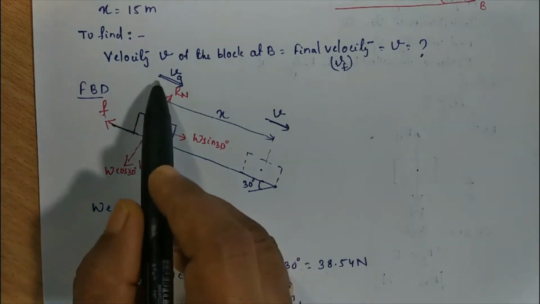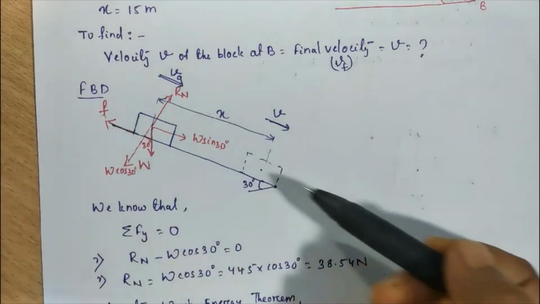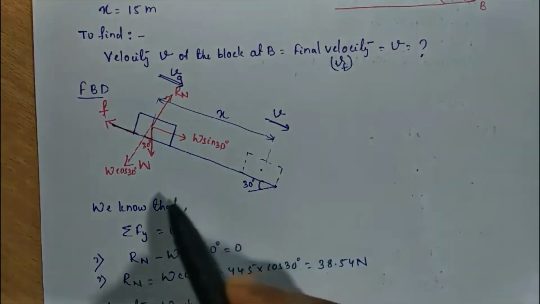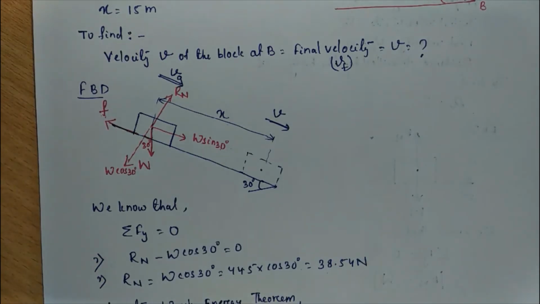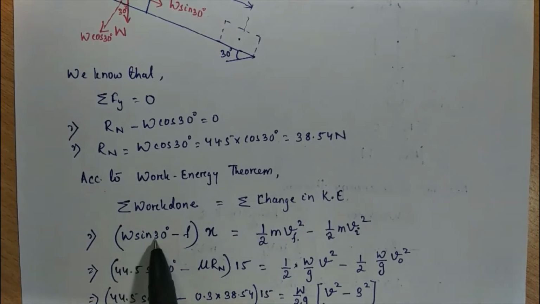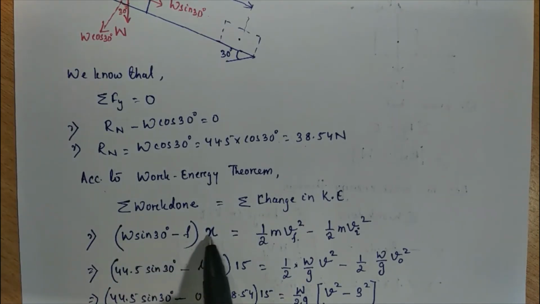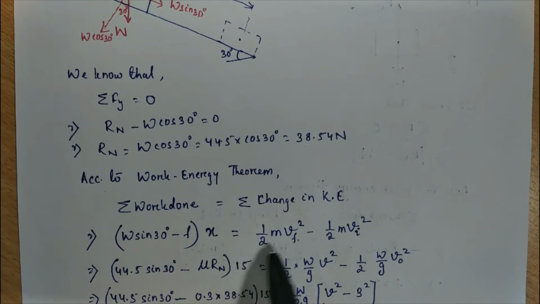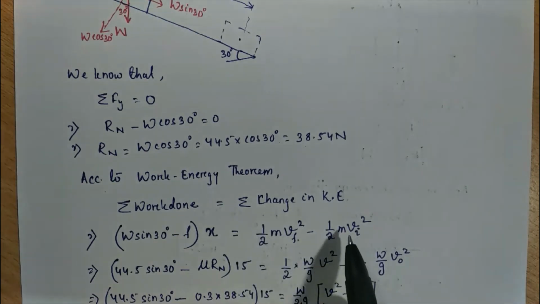See, this body is moving in the downward direction. It means W sin 30 degree must be greater than F. So according to that, we consider (W sin 30 minus F) whole bracket into x is equal to the change in kinetic energy, final kinetic energy minus initial kinetic energy.